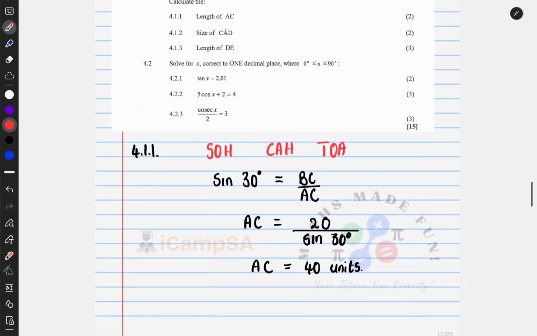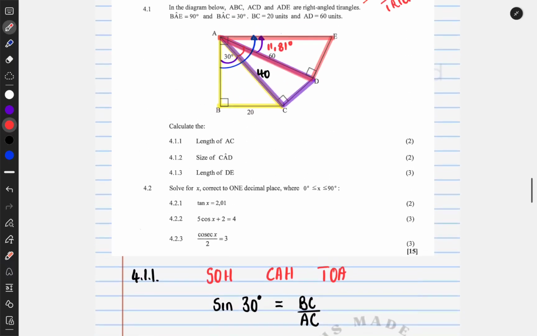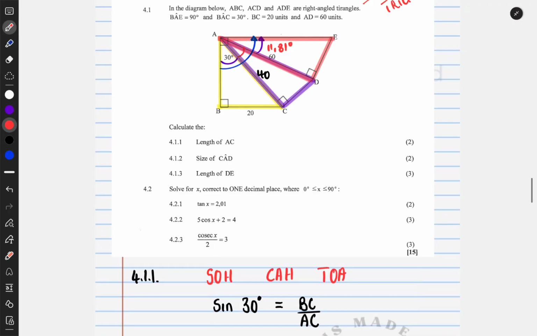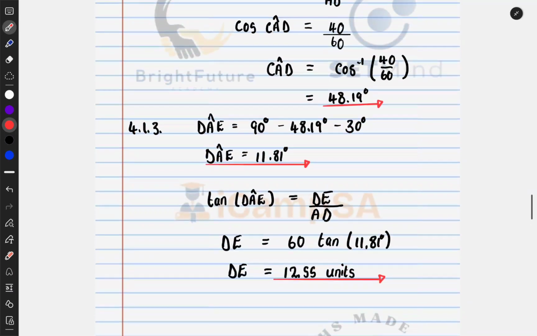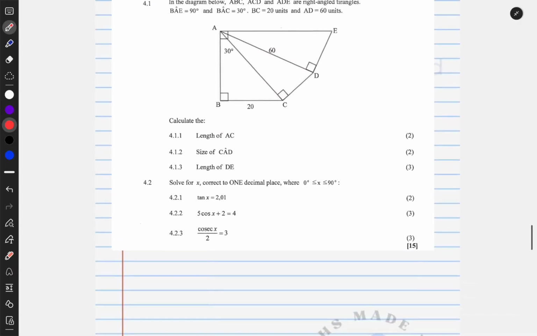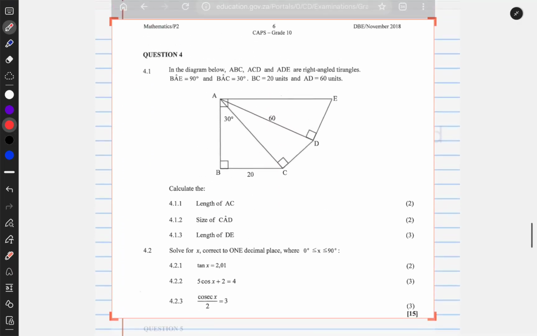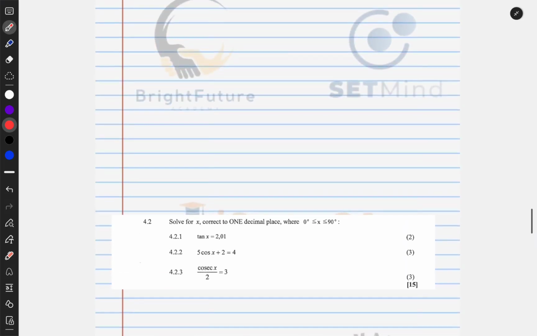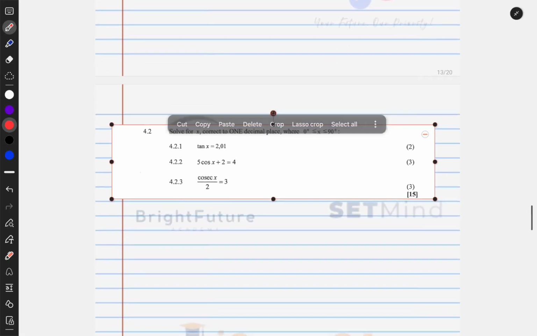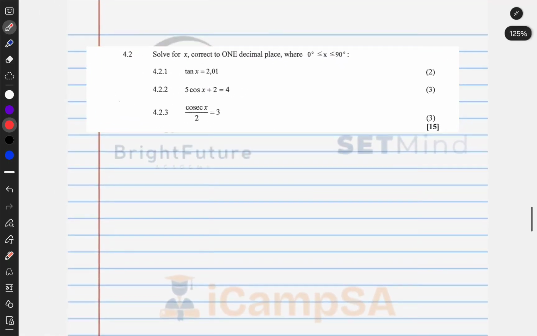Okay. And then next, we'll also solve for x in the following conditions. I'll quickly paste this here so that we can see what we are referring to. So for 4.2, we are now solving for x, bringing in algebra into trigonometry.